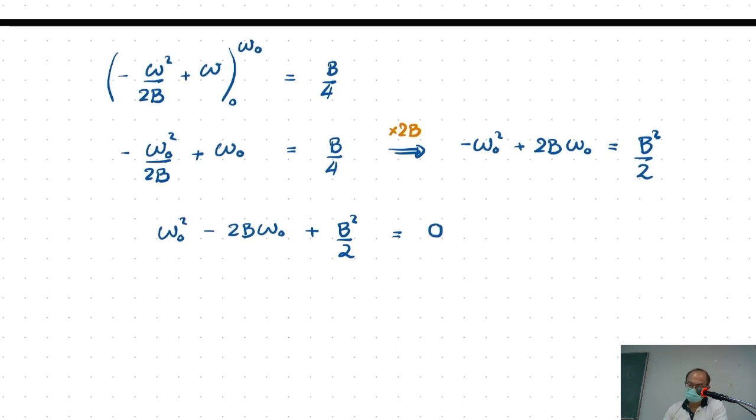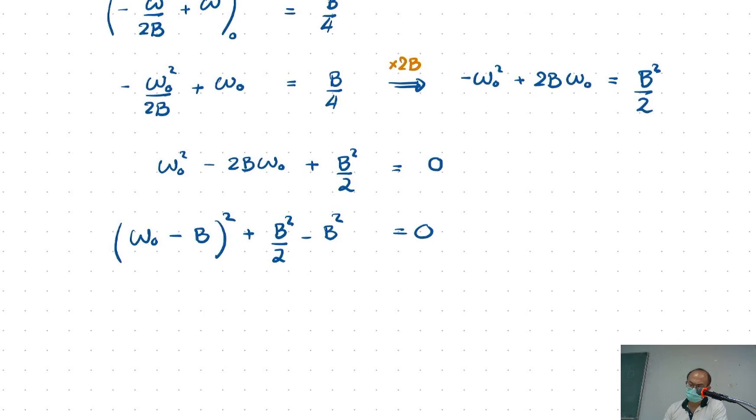Okay, and we can do the perfect square, right? Omega 0 minus b, squared, and then plus b squared over 2, and then minus b squared equal to 0.